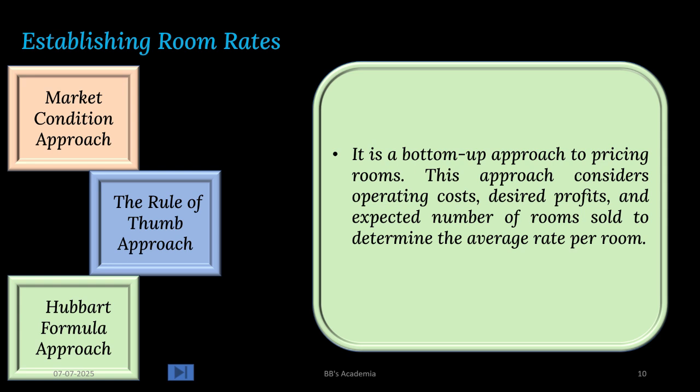This is also a projected rate. So the formula is used to establish the projected, strategically calculated room rate, depending on all these desired factors: desired profit, operating cost, expected number of rooms to be sold throughout the year. Based on all these considerations, the Hubbart formula approach is utilized, and it is the most popular approach throughout the world. So what is the rule of thumb approach saying?